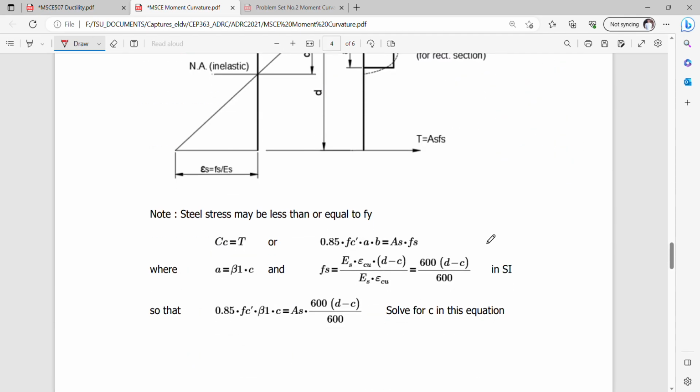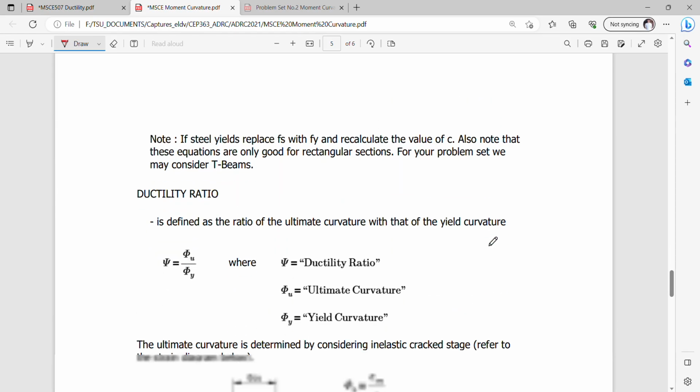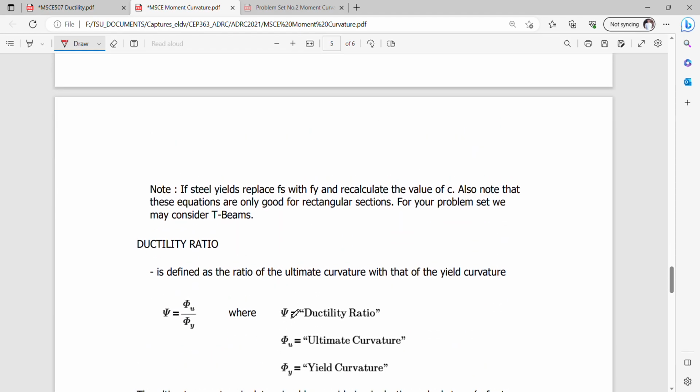Okay, so at this particular point, I'd like to fast track my discussion and talk about what ductility ratio is all about. This ductility ratio is simply defined as the ratio of the ultimate curvature to that of the yield curvature. So when I talk of ultimate curvature, I'm talking here of what? My ultimate strain. We know that curvature is simply strain over distance from the neutral axis.